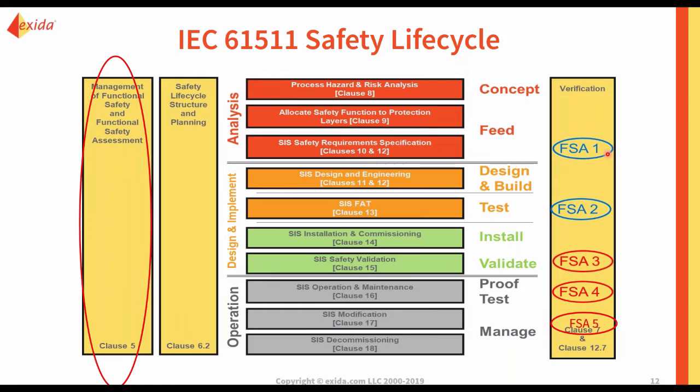I think the one perfect example for this was in a subsea application. They had not done the earlier FSAs 1 or 2, which are optional in the standard, and so they had designed the safety system, they had installed it under the sea, and they got to FSA 3 and went to test it before startup, and it didn't work. And so it turned out that I think the final element had been wired incorrectly.